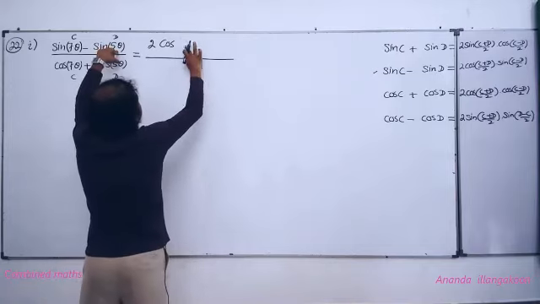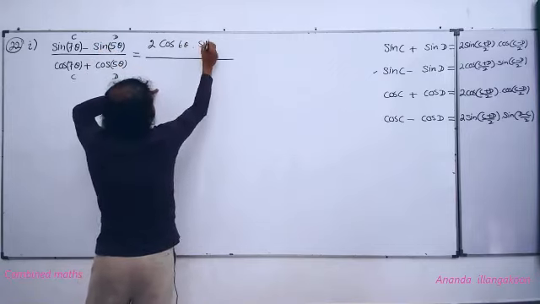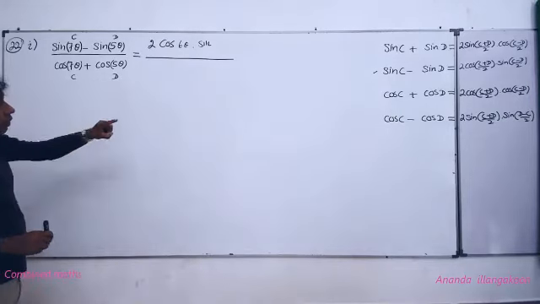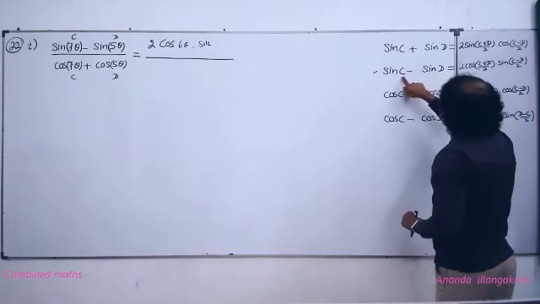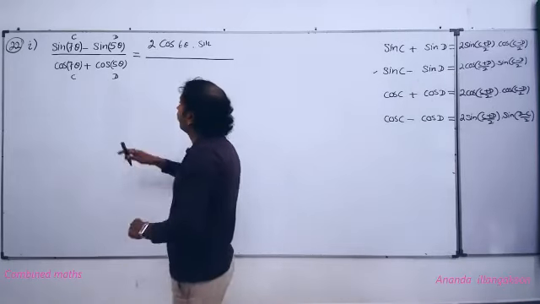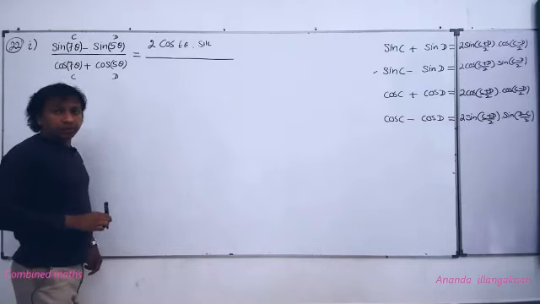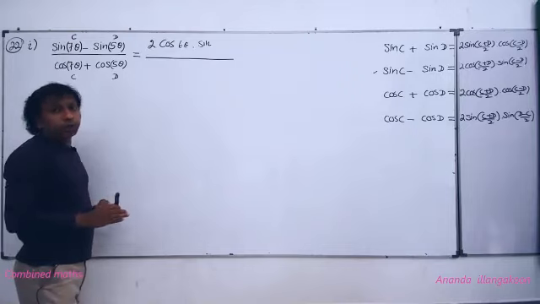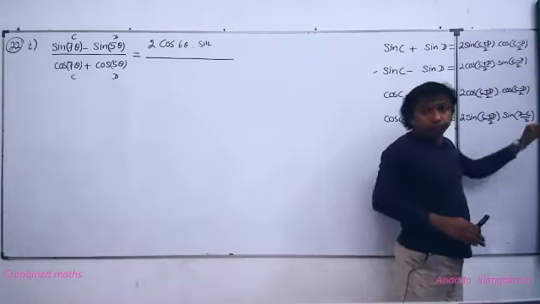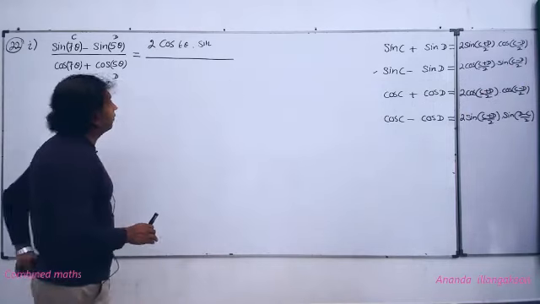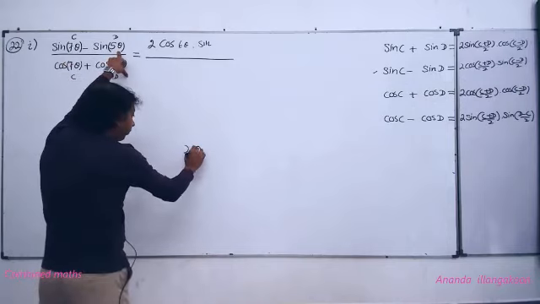So 2 cos 6 theta into sine of C minus D, this angle minus this angle: 7 theta minus 5 theta is 2 theta, and that 2 theta is divided by 2, since we have C minus D divided by 2.